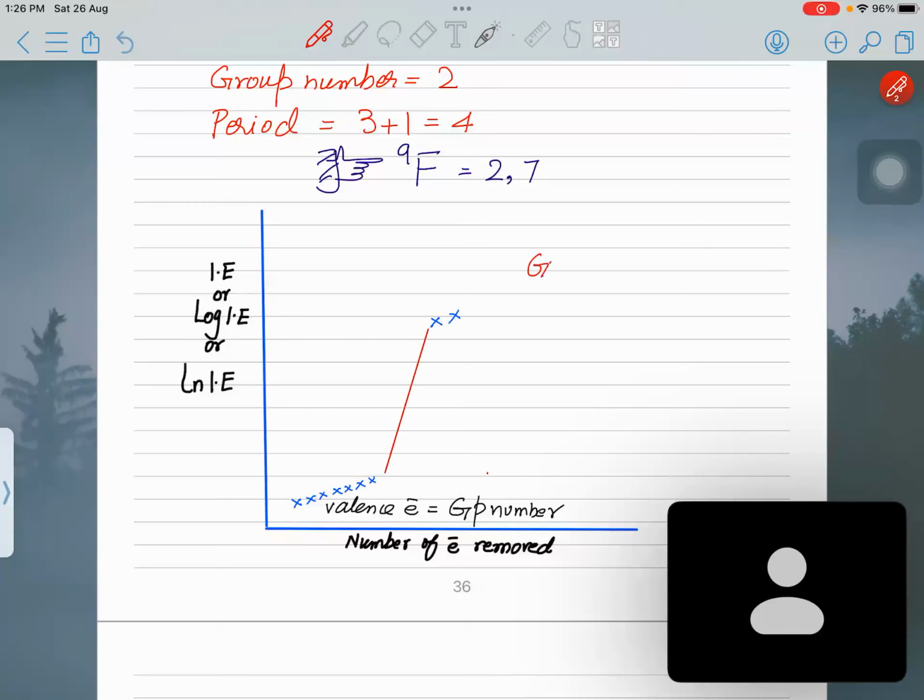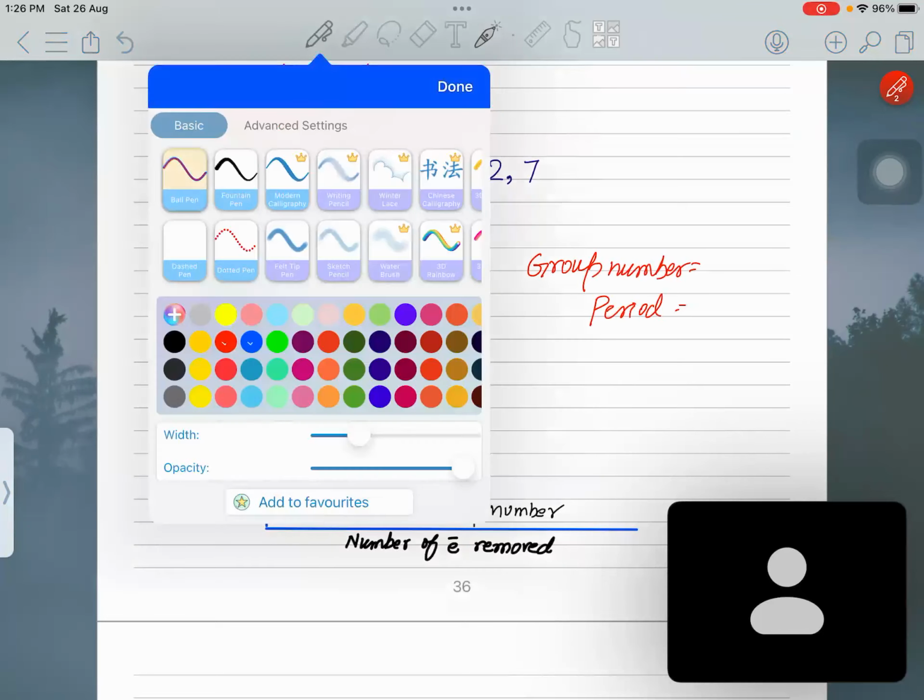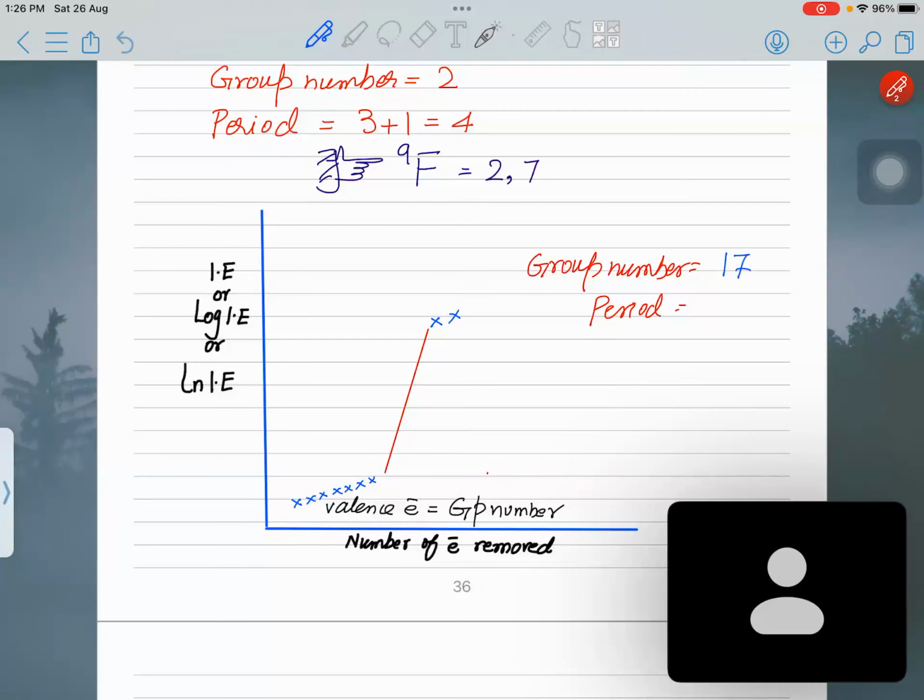Now tell me the group number. 7. Yes, the group number is 17, not 7, 17. And what about the period number?